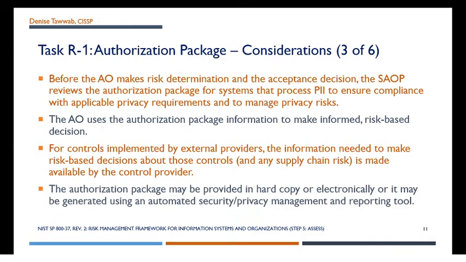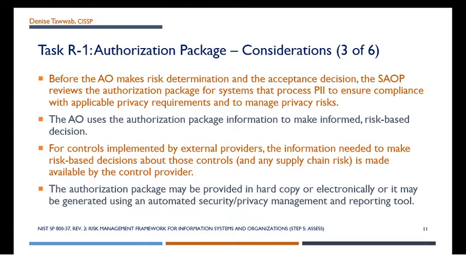All right, before the authorizing official makes risk determinations and the acceptance decision, the senior agency official for privacy reviews the authorization package for systems that process PII to ensure compliance with applicable privacy requirements and to manage privacy risk. The AO uses the authorization package information to make informed, risk-based decisions.